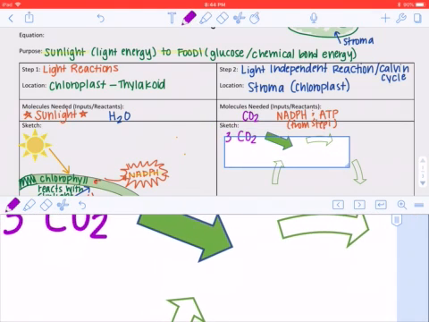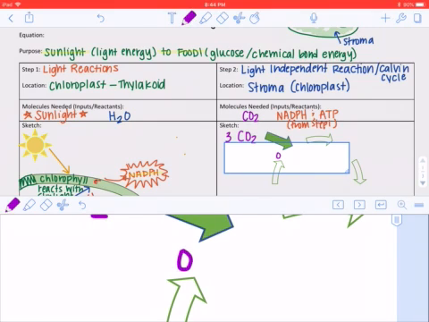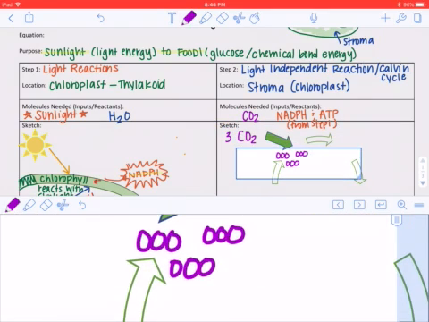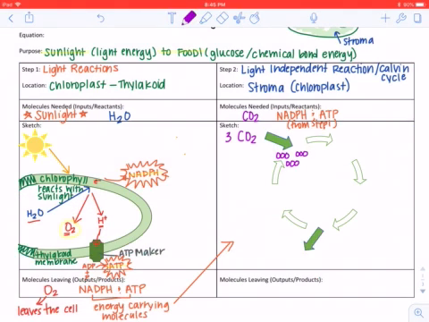And there's already some carbon molecules hanging out in here. These are just carbon molecules chilling around. And these carbon dioxide molecules enter, and they're going to get attached to these carbon molecules that are already here, and they are going to get rearranged a bunch of times as they cycle through this process.